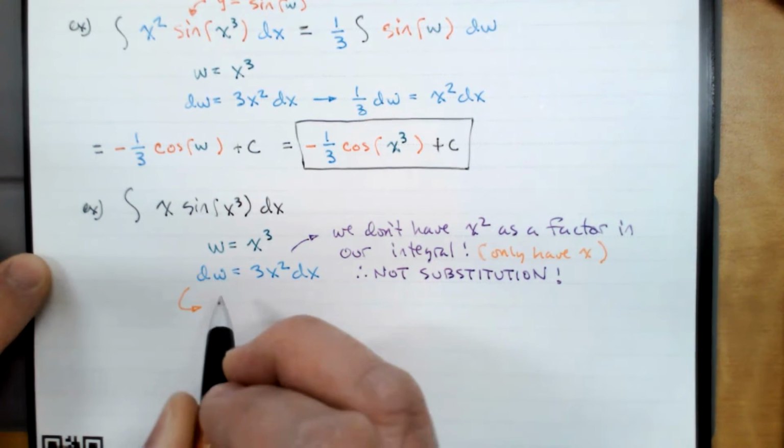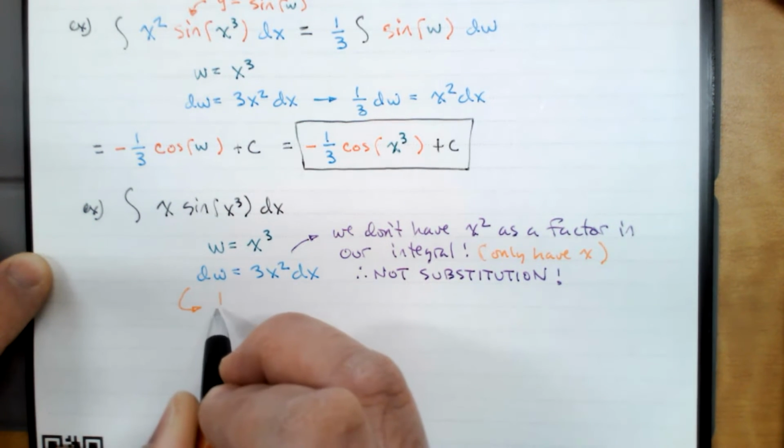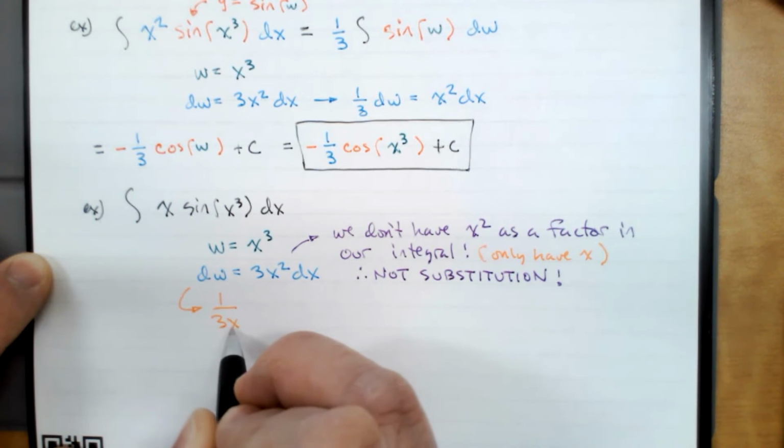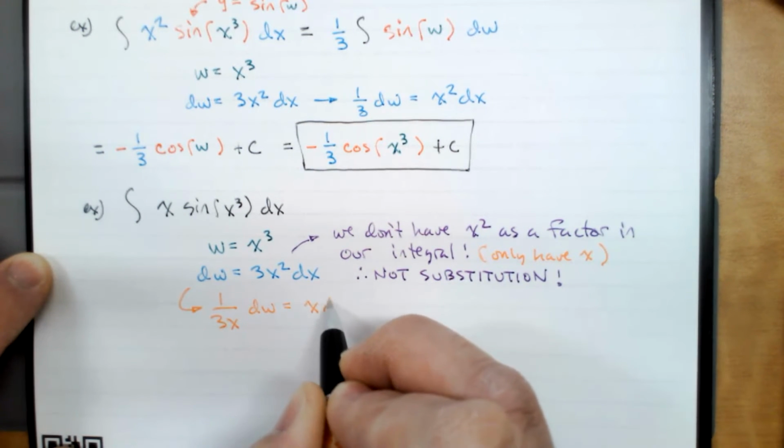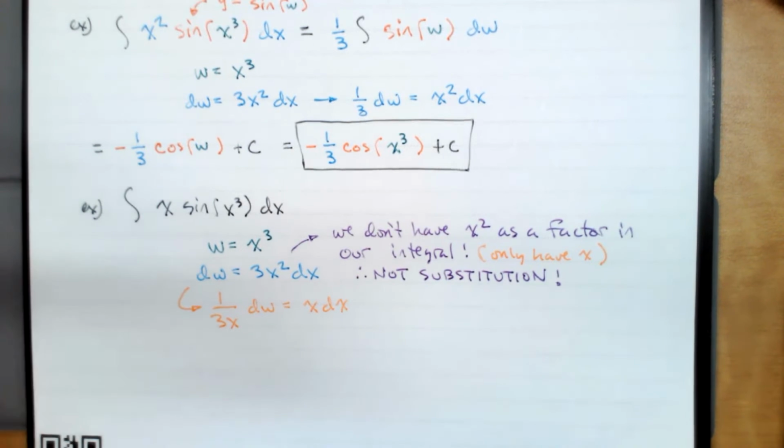So you might think, before you just divided out the 3. What if you divide the x as well? And here's the problem. My expression 1 over 3x dw, that still has x in it. And the brief for substitution is all x must become w.